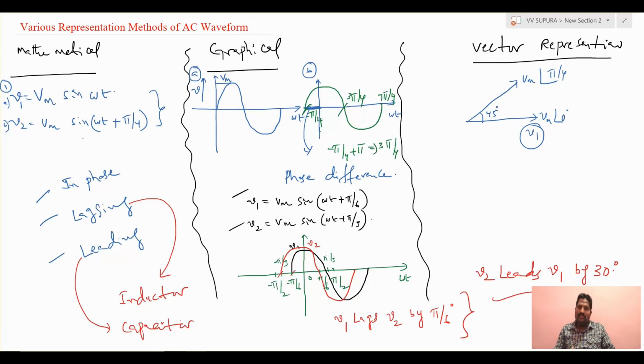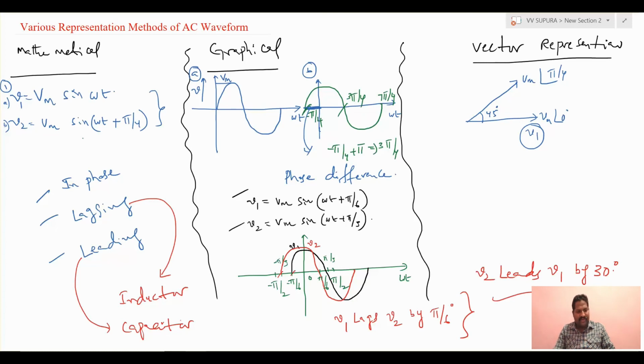When a sinusoidal supply is given to a pure resistor, what happens to voltage and current? What is the relation between voltage and current for a pure inductor, or a pure capacitor? At that point we will discuss these things again.